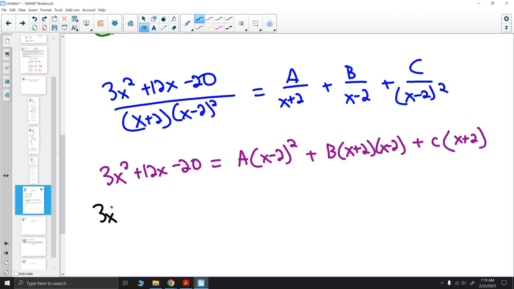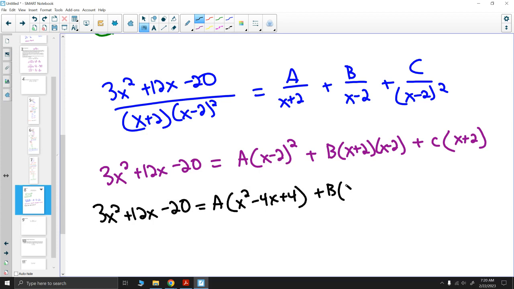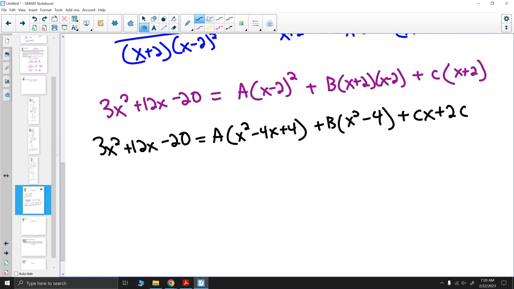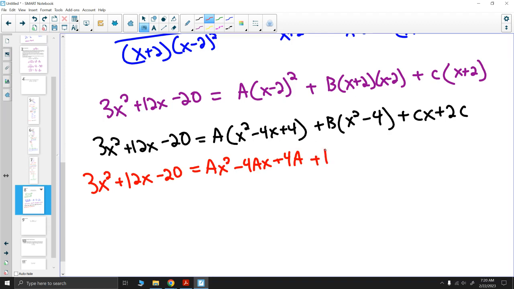Okay, so 3x squared plus 12x minus 20 equals a times x squared minus 4x plus 4 plus b times x squared minus 2x plus 2x is gone, so then it's minus 4, and then plus cx plus 2c. Okay, distributing, we have 3x squared plus 12x minus 20 equals ax squared minus 4ax plus 4a plus bx squared minus 4b plus cx plus 2c.